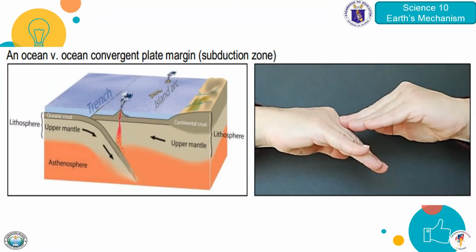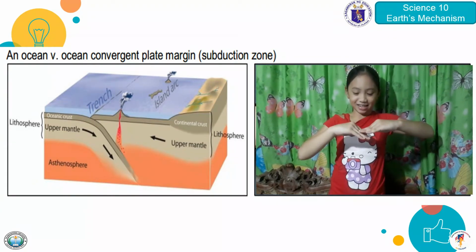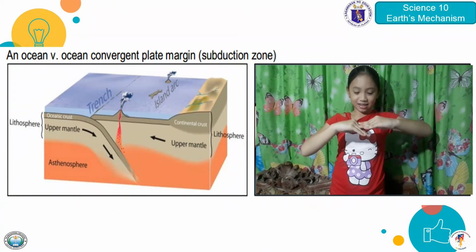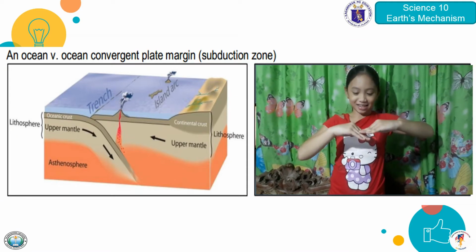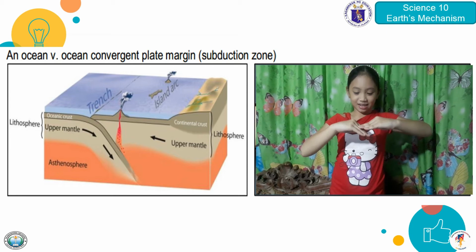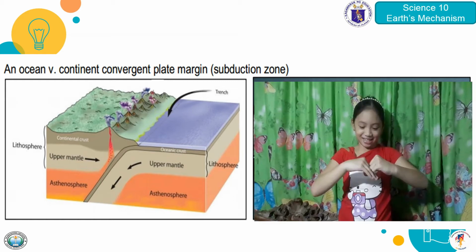For the next simulation, position your hands based on what is shown on the video. Slowly move them toward each other. You are now simulating the convergent boundary between two oceanic plates. Next, position your hands again based on what is shown on the video.